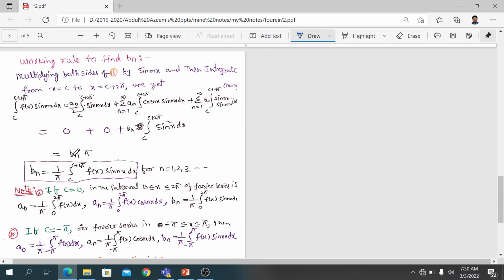So now sending this pi to that side, the bn value is 1 by pi integration c to c plus 2 pi f of x sin nx dx for n is equal to 1, 2, 3 and so on. So these are the working rules to find an, bn and a naught.